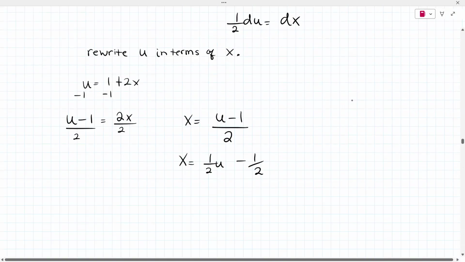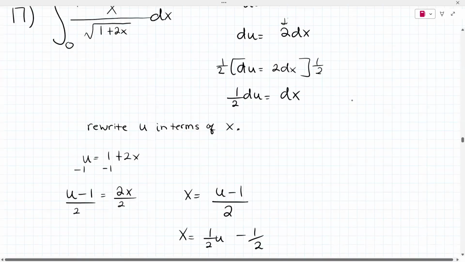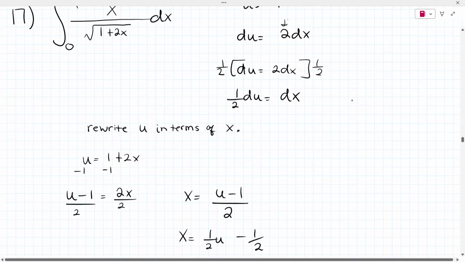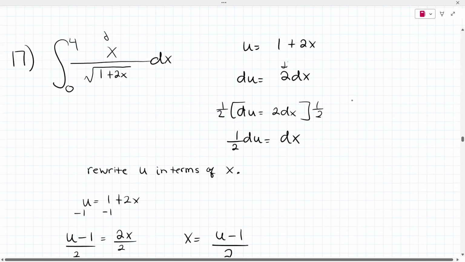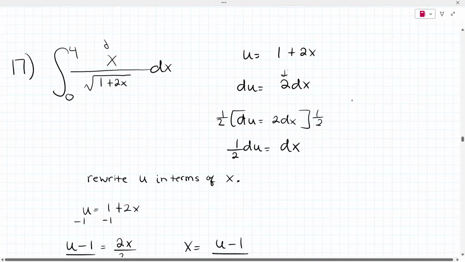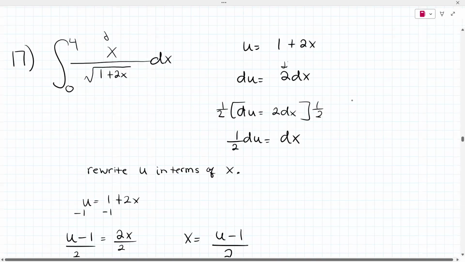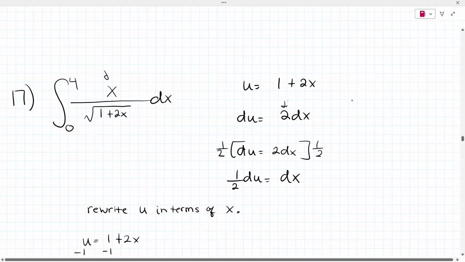I'm going to replace my x with 1/2 u minus 1/2, and then I'm going to replace 1 plus 2x with u.